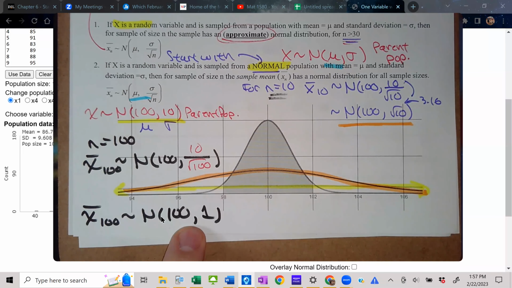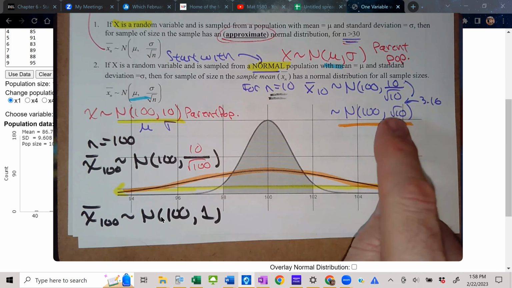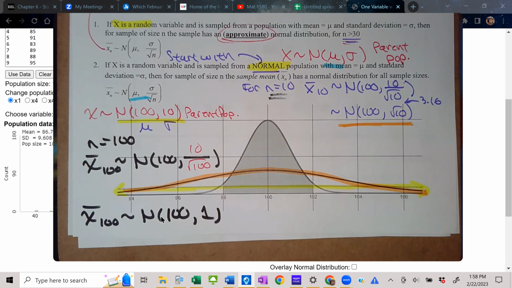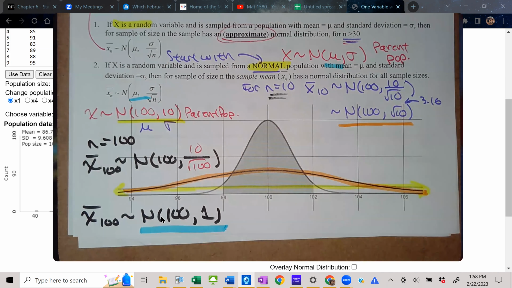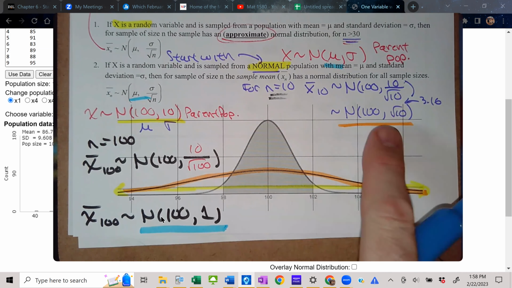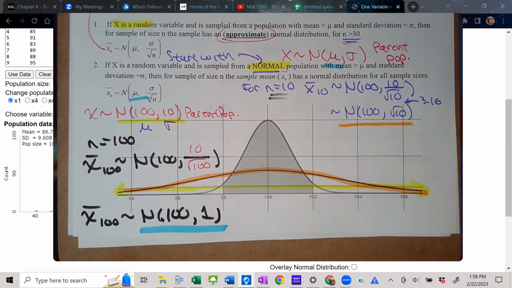How does this standard deviation compare to this one? Which one's bigger? Which distribution should be more spread out? This one or this one? Which one's going to be more spread out, the orange one or the blue one?